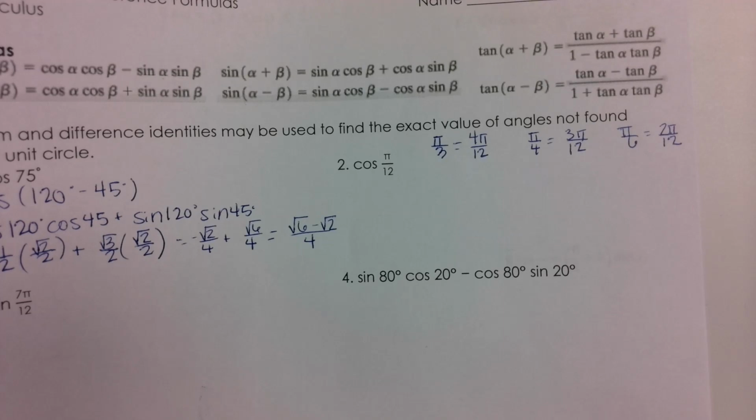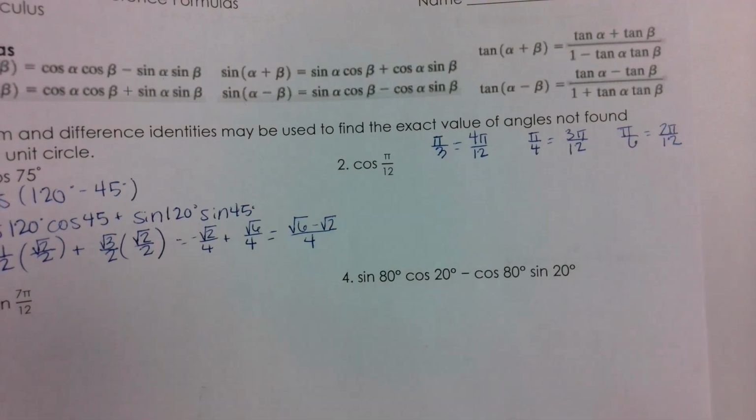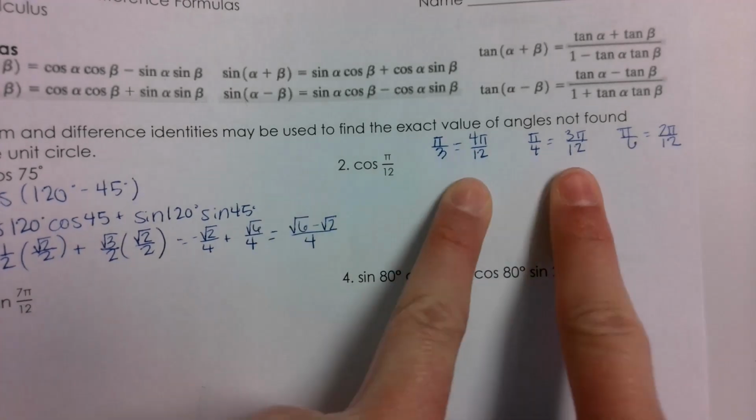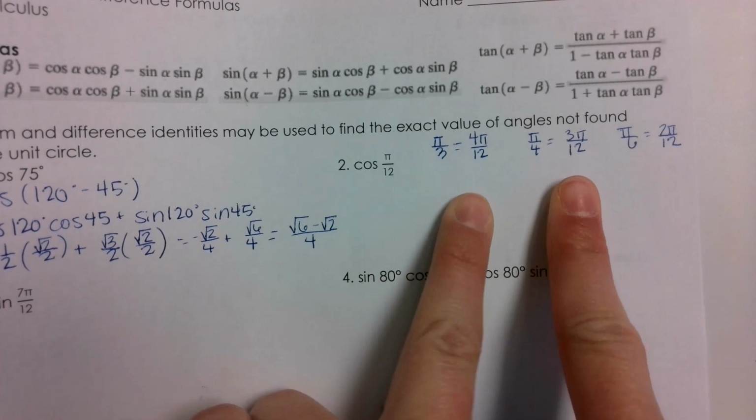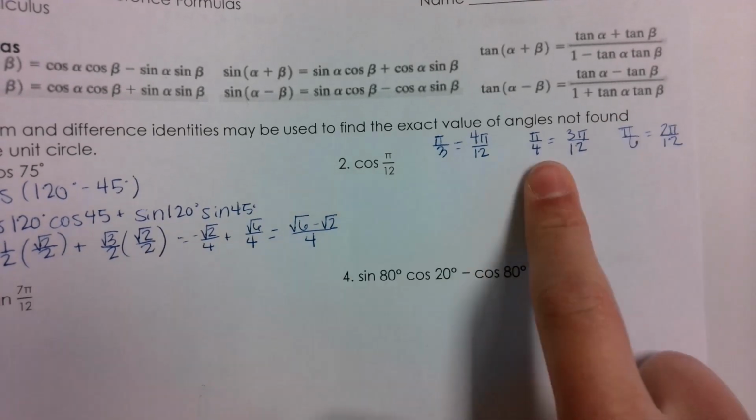Will any of these, if we add or subtract them, give you 1? We do 4 pi over 12 minus 3 pi over 12. That'd be 1 pi over 12, right? And that's the angle that they're talking about, so we'll use those two.